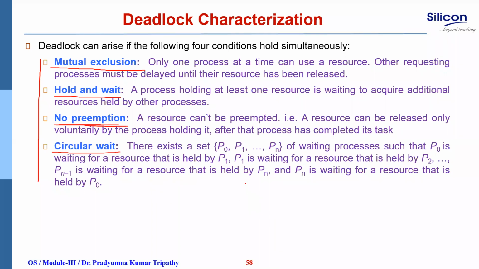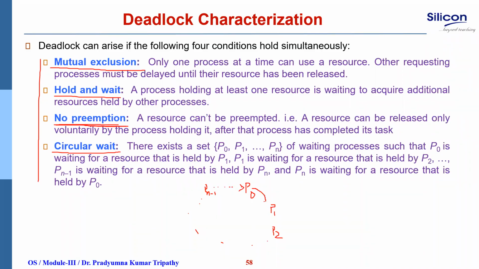Suppose this is P0, P1, P2, like that, and you have some resources, and here you have Pn minus 1. There are n number of resources. Pn minus 1 is waiting for P0.